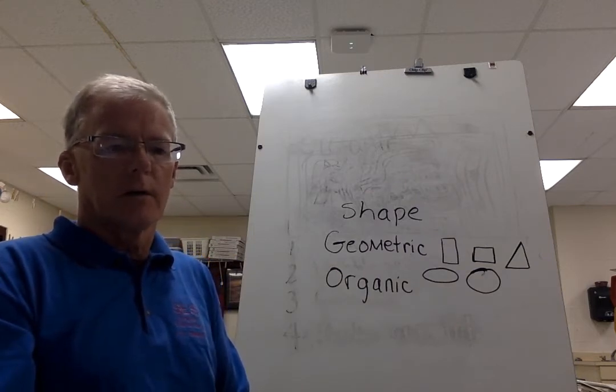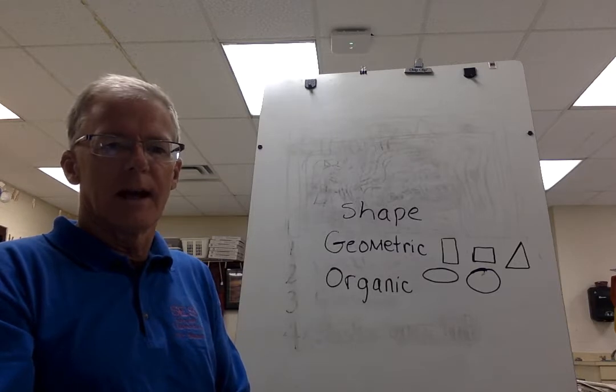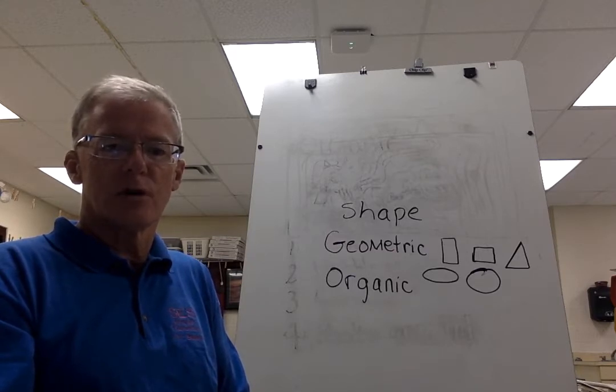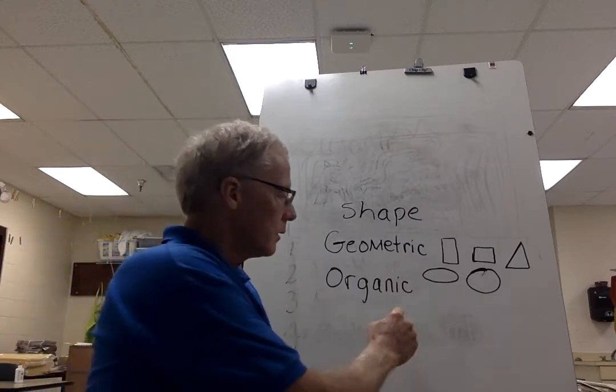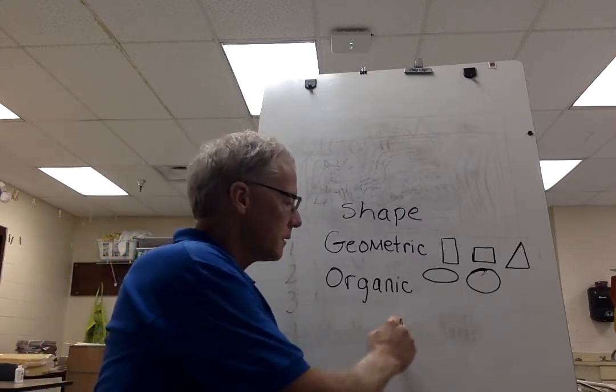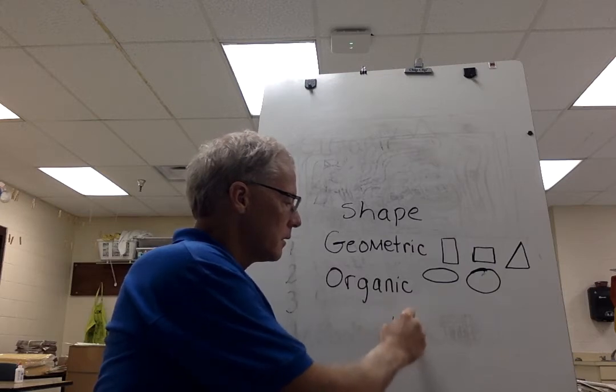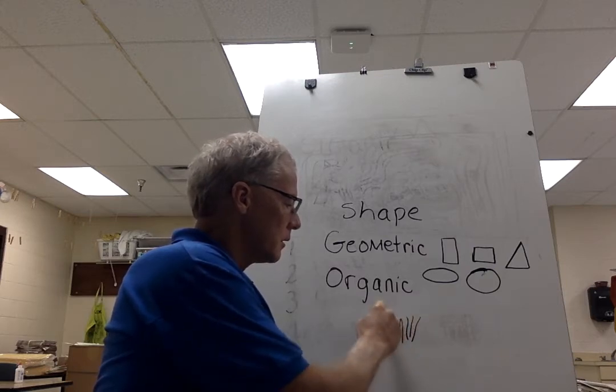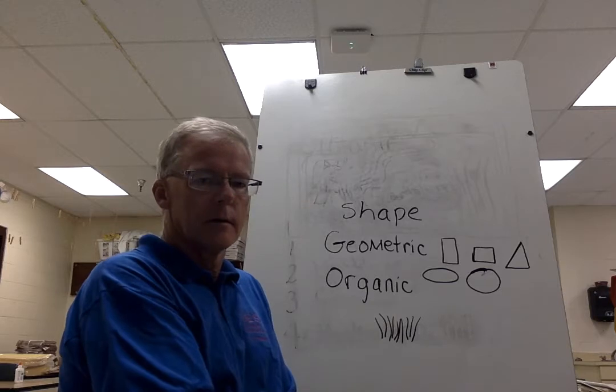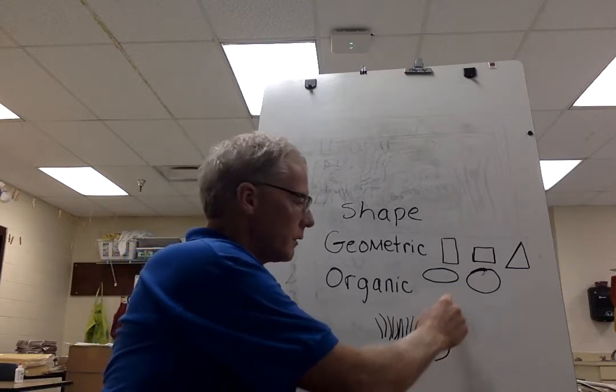But what kind of shapes go in the organic? Well, one thing that I like to think about is what kinds of shapes do you see in nature? Yes, of course. Grass. Flowers.